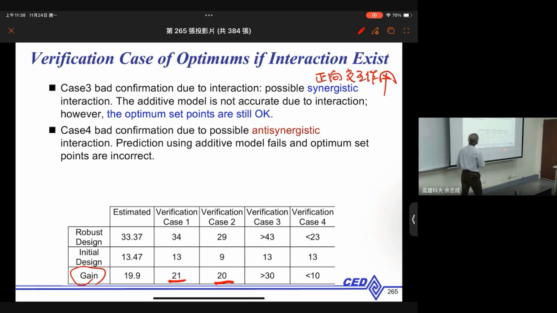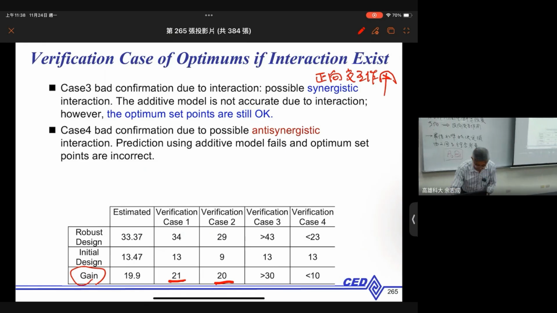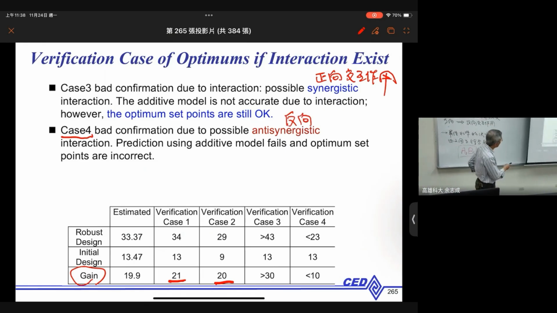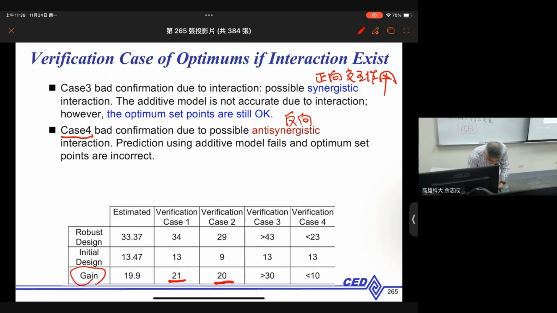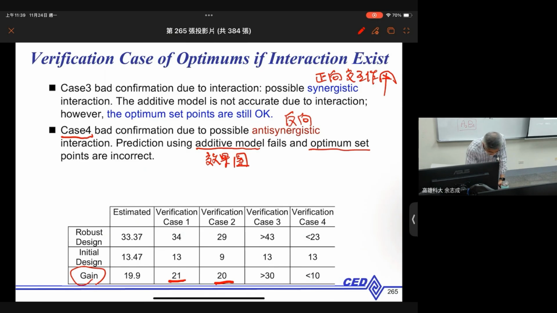It is very possible that you have anti-synergistic interaction, and your optimum combination will be incorrect. Your optimum combination from the effect plot will be different, and your optimum settings will be incorrect.